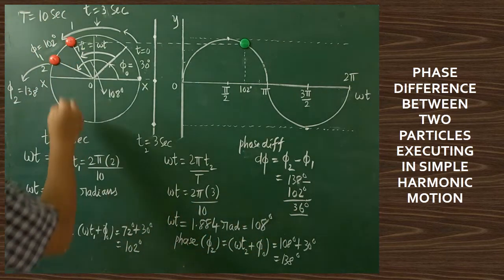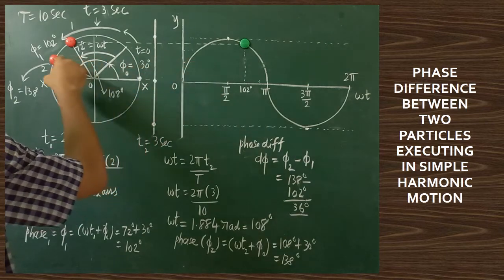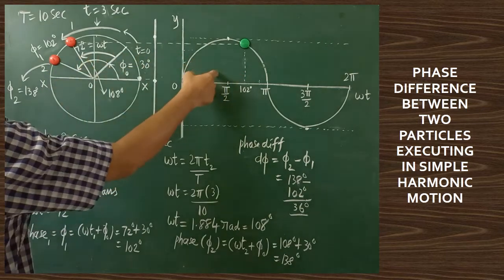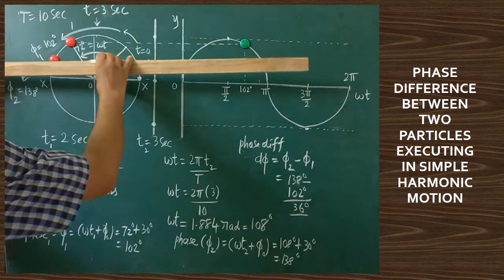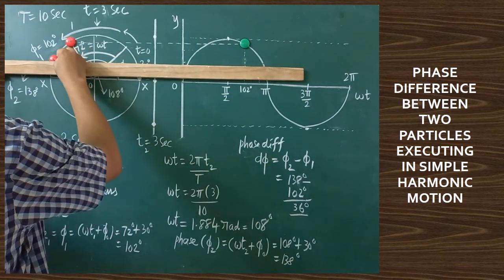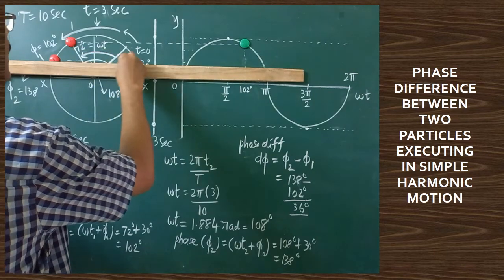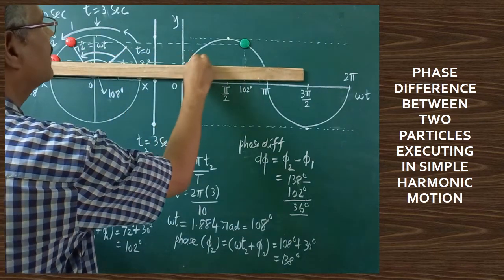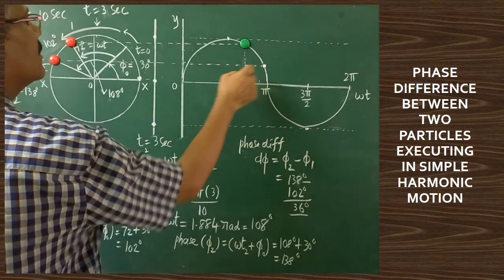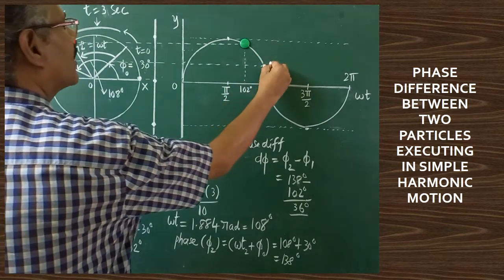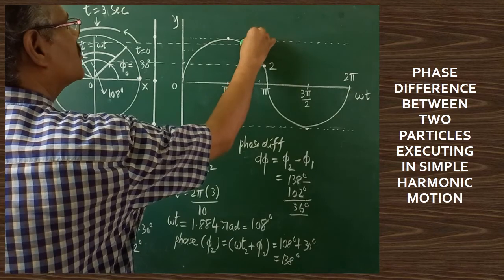The same phase difference can be found in the graphical part also. Right from here, extend the line, and that line must be connected with the graph. So this is the position of the second particle and this is the position of the first particle.